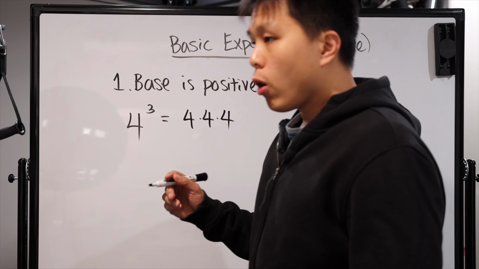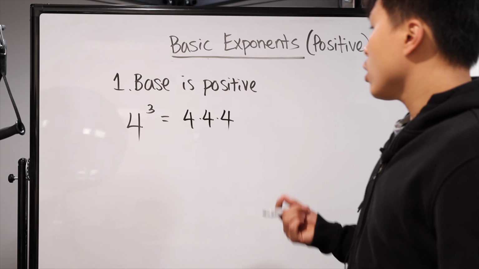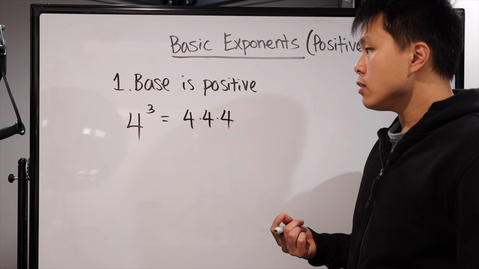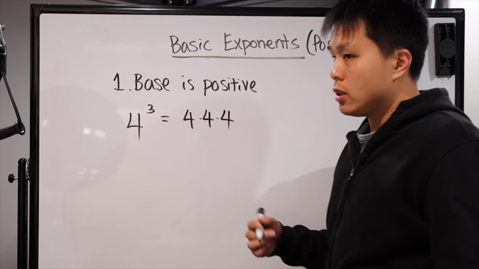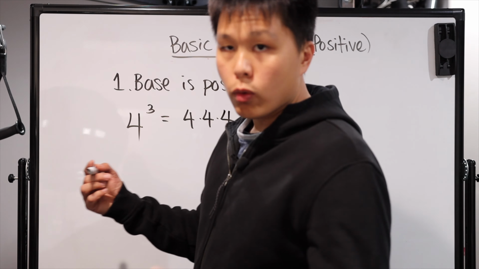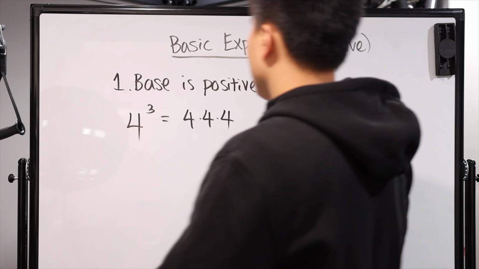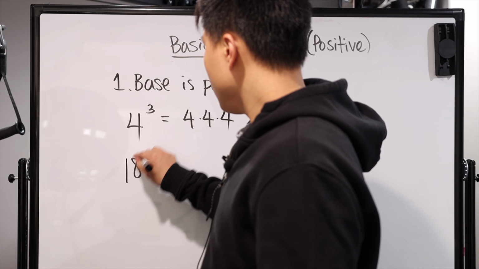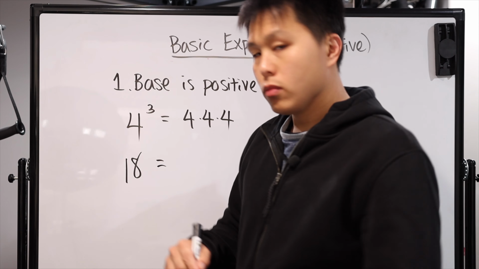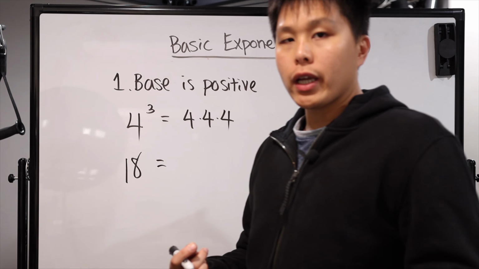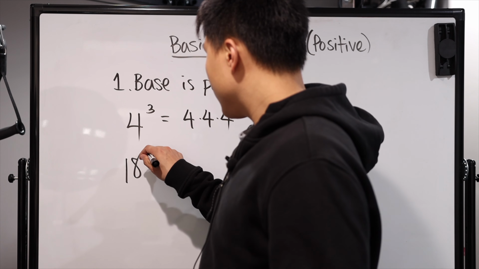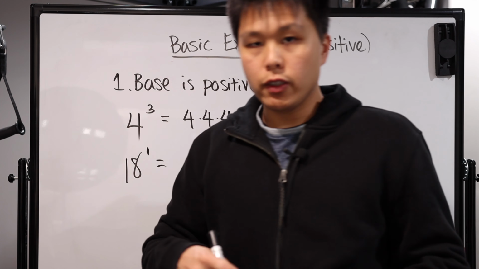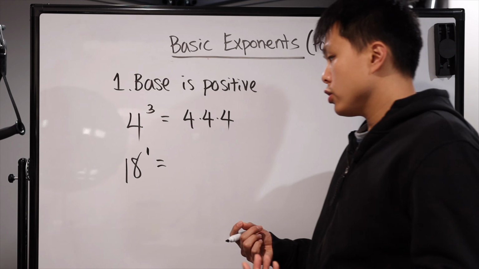Now, the only confusion with regards to base being positive and exponent is possibly when you see one with a missing exponent. So for example, if I say, let's just say 18, as you are working with more exponents, this is technically an invisible 1 on top as an exponent.